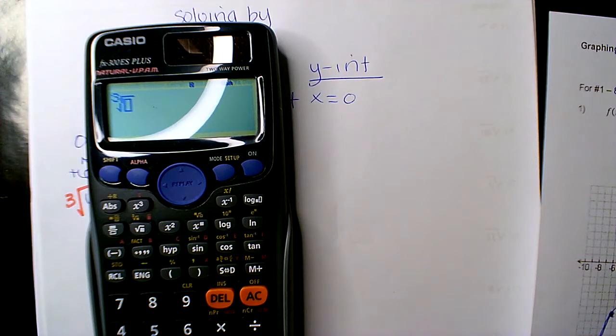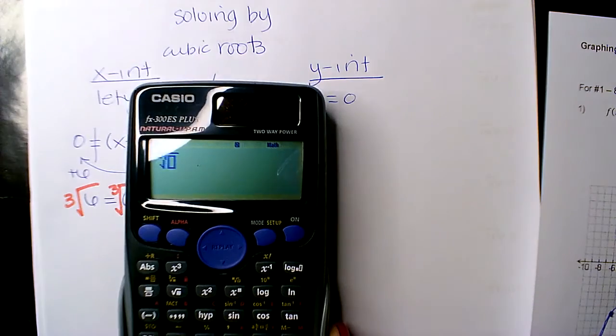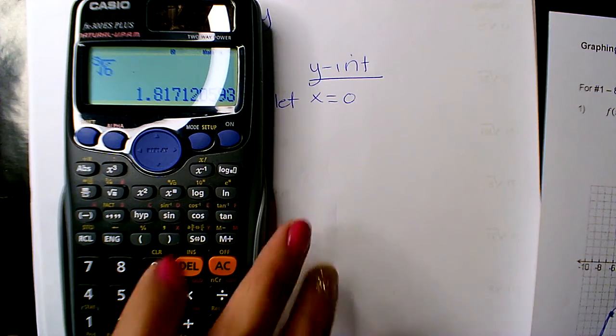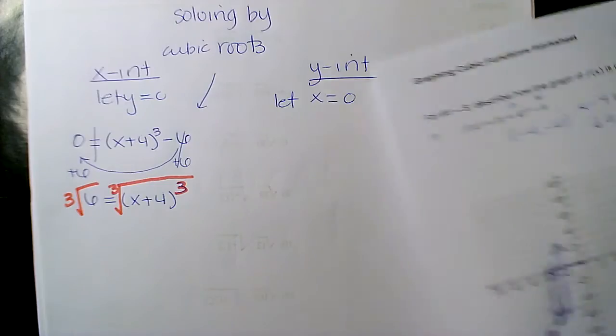Okay. What are we doing? 6? Alright, so if I plug in the 6, are you guys here? Okay. So now you get 1.8, correct? Yes. So we're still on 1.